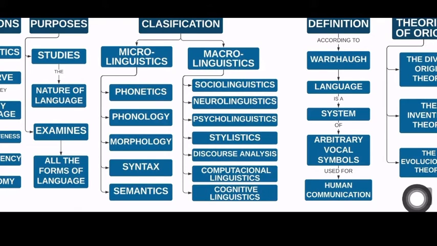Neurolinguistics. The study of language processing and language representation in the brain. Stylistics. The study of how literary effects can be related to linguistic features.